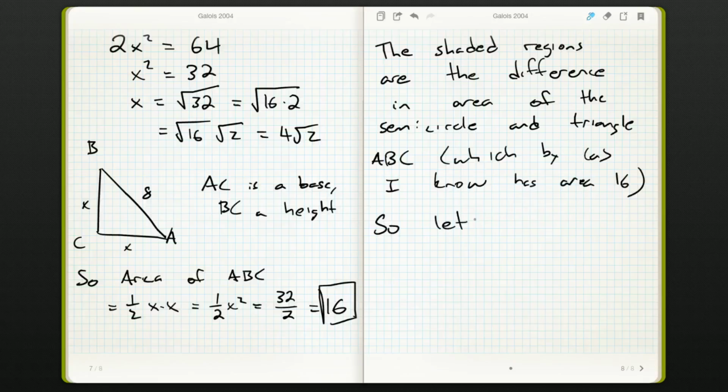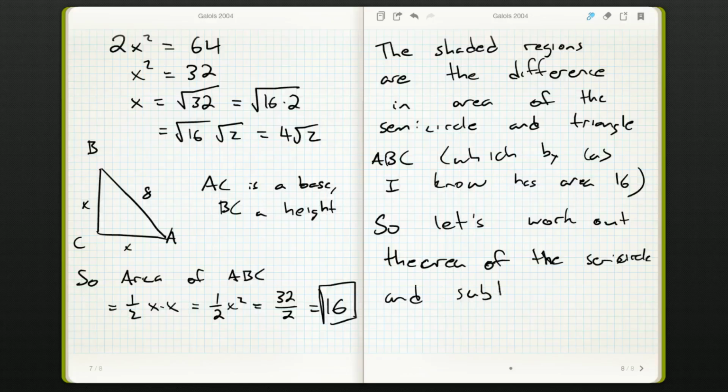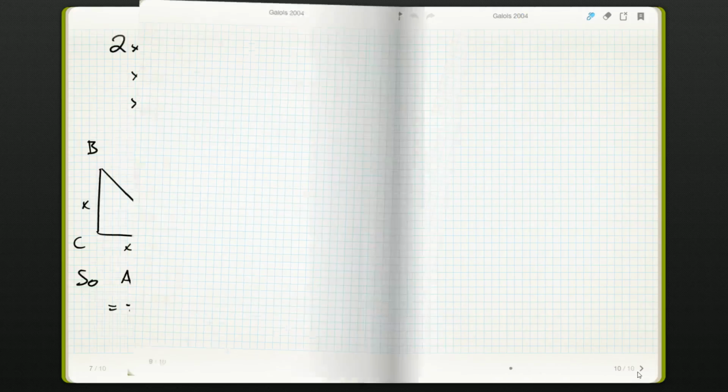So I'll write down my plan of attack. Let's work out the area of the semicircle, and subtract. Okay. So, area of the semicircle.